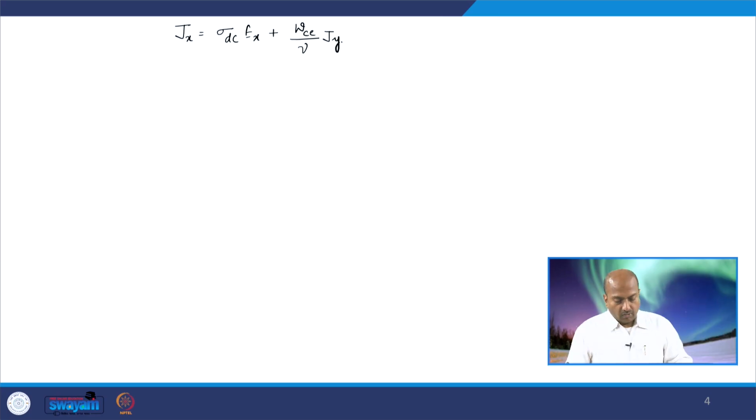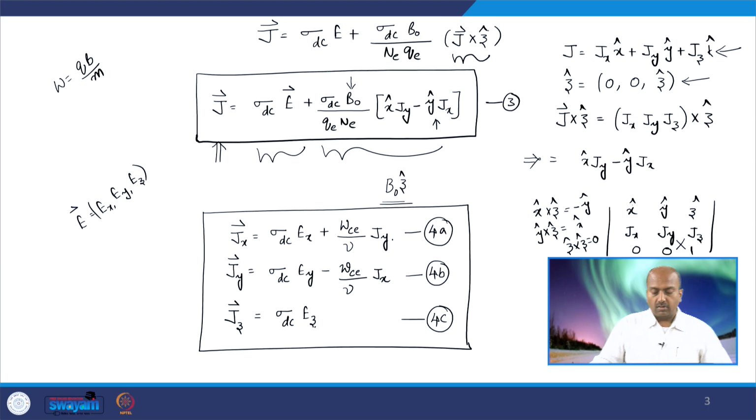If you look at this equation, Jx and the conductivity, these are the components, right? So there is no point of writing them as vectors. So Jx is the conductivity component along the x direction. Now, it seems to be dependent on Jy, right? And Jy along the y direction seems to be dependent on Jx, right?